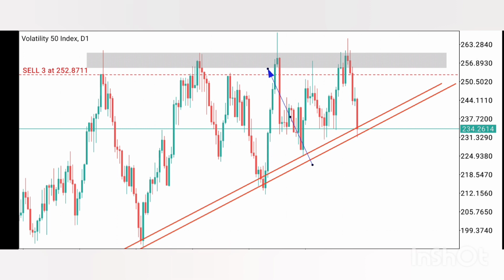I also talked about making use of four different time frames, which include the daily time frame, the 4 hour time frame, the 1 hour time frame, and the 30 minutes time frame. Those are the time frames that I normally use.